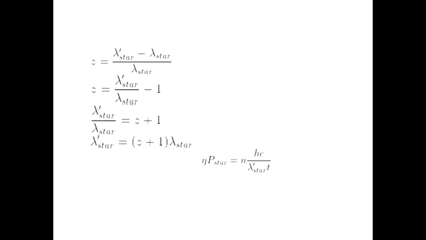Here h and c are constants, P is the power of the star we found earlier, lambda is the observed wavelength of the star, and the efficiency in the problem is 0.4. Therefore, we can put this here, and what we're supposed to find is n over t, which is 2.617 times 10 to the 7 photons per second. So that many photons pass through the eyepiece every single second.